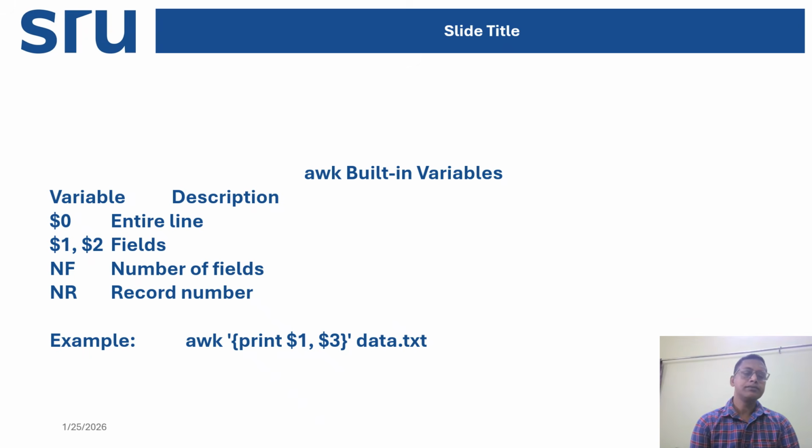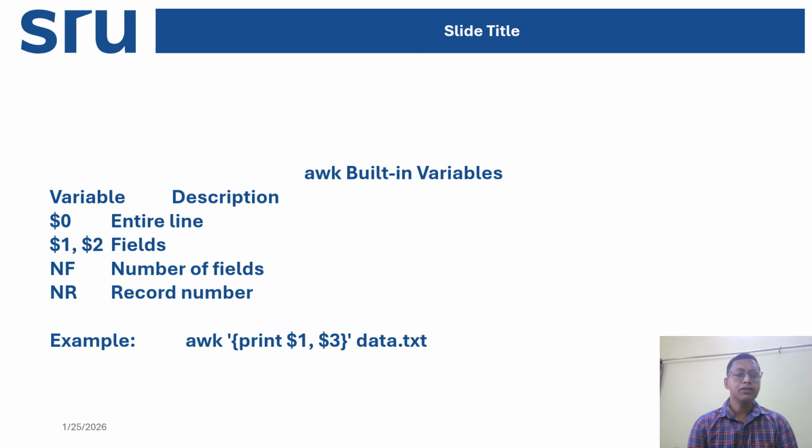Next one, NF means the number of fields. How many fields appear in a single line? Suppose some student record is there. The student record may contain 5 fields.